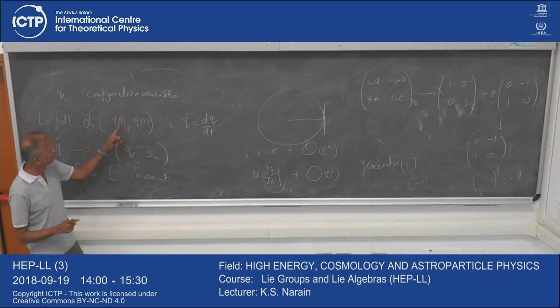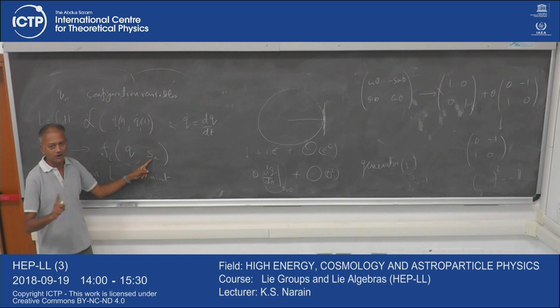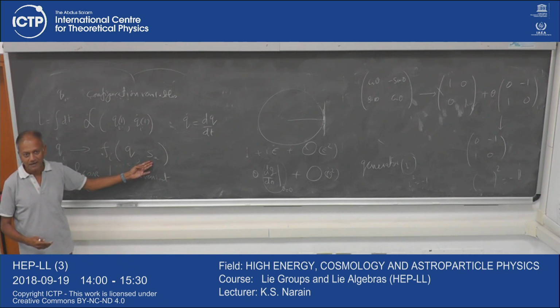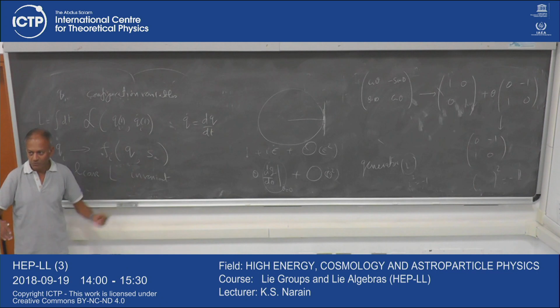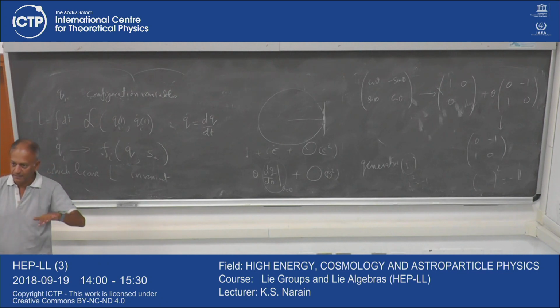Everything here is a function of time, but these Sa are not. There are even more general situations where you can allow the Sa to be functions of time. Those are called local transformations, which means at each time you can decide to transform in different ways. But we are not considering that. That's why it's called global. It does not depend on t. For all t it is the same transformation.